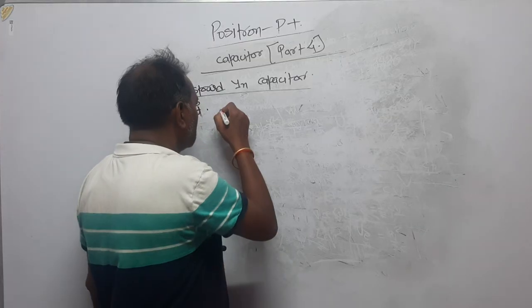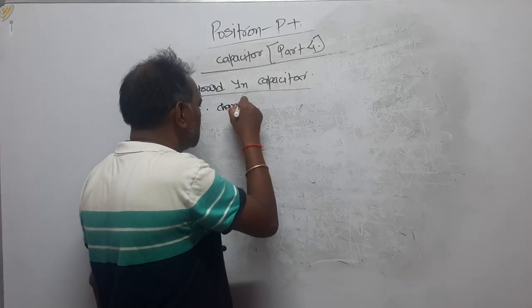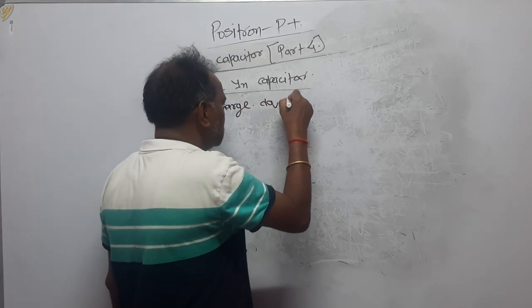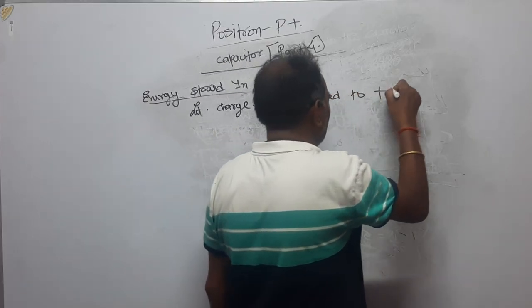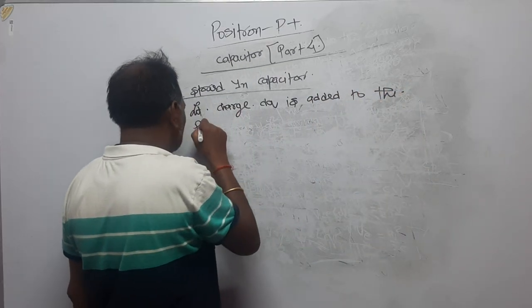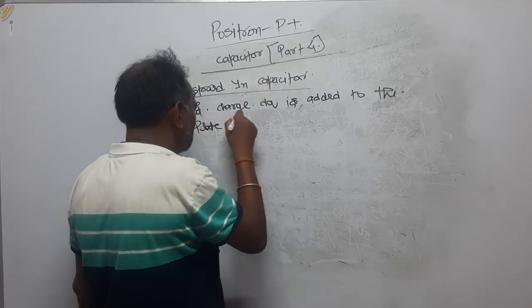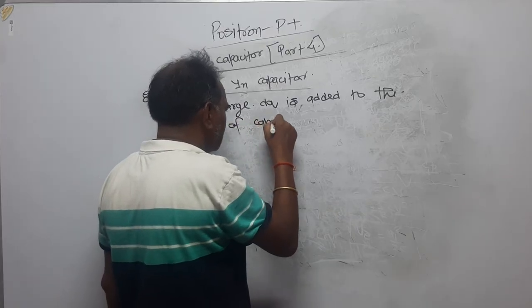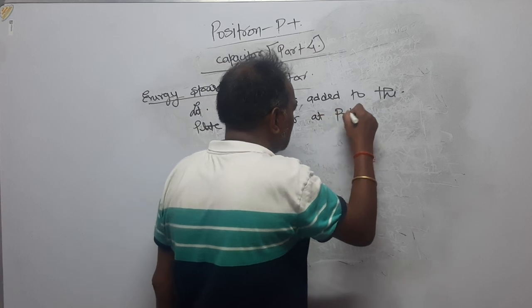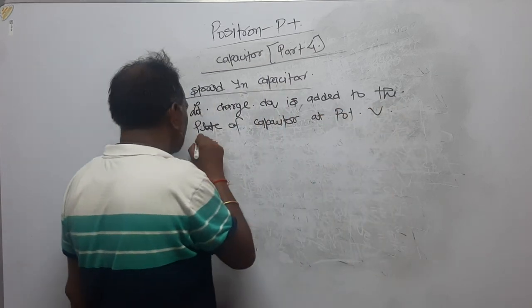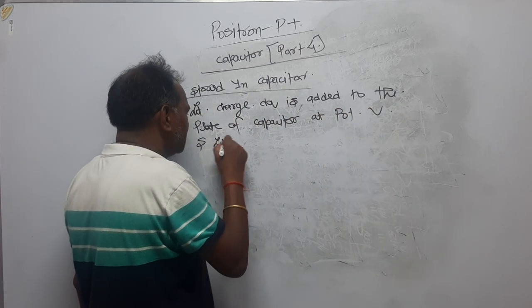Let charge dq be added to the plate of the capacitor at potential V, and let the little work done be dW.